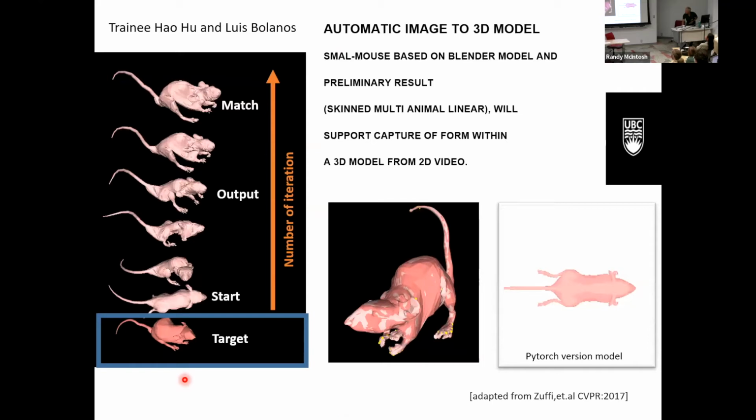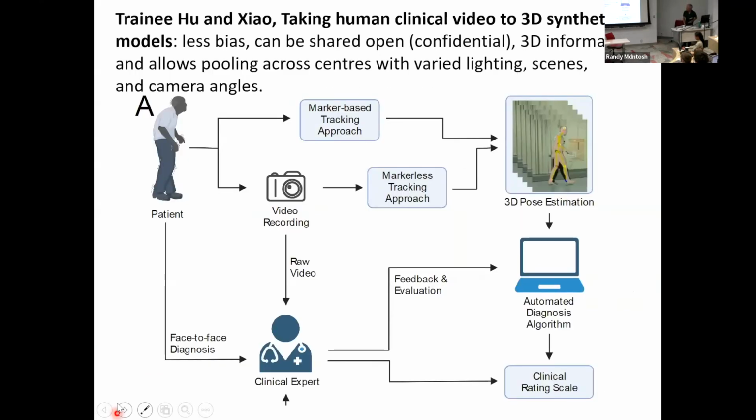This is our target, and then we can manipulate our model until we match that particular image. So we're building this differentiable 3D mouse that we can collect behavioral data into.